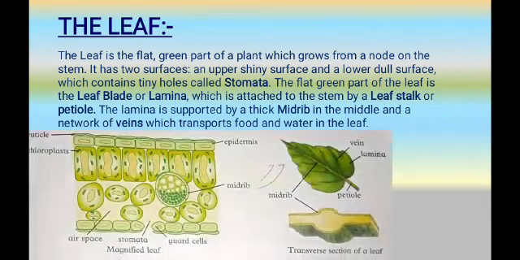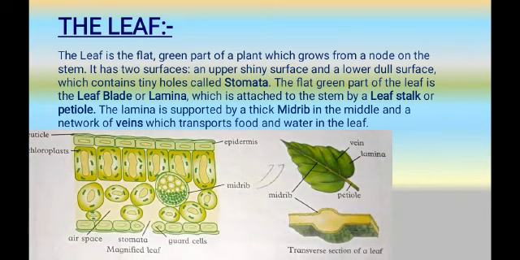Here you can see the morphology of the leaf. Leaf stalk is called petiole, which arises from the knot. At the center you can see the midrib and the arising veins are called veinlets, which help in transportation of the food material. And then here, anatomy of the leaf.